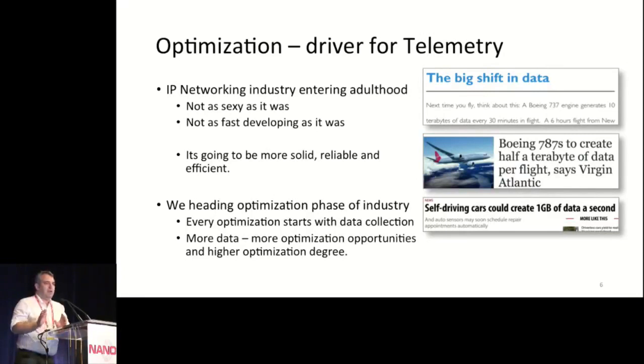And every optimization starts from data collection. If you don't have data, you are blind. You don't know what you can optimize, how much you can optimize, and if you optimize, whether you really optimize or screw something up.